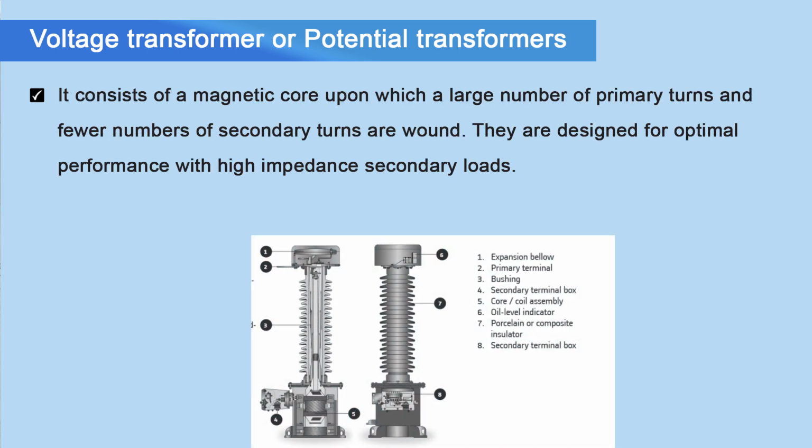It consists of a magnetic core upon which a large number of primary turns and fewer secondary turns are wound. They are designed for optimal performance with high impedance secondary loads.